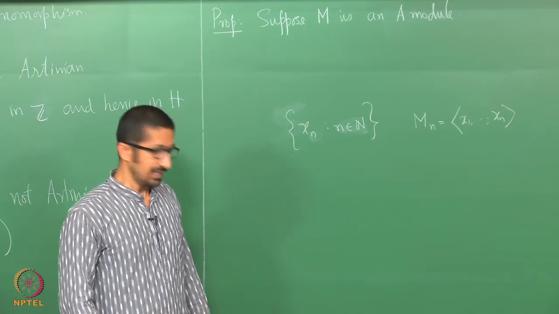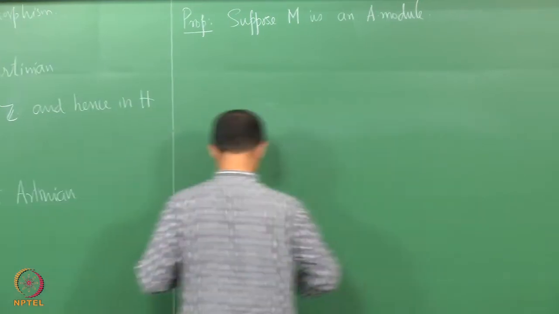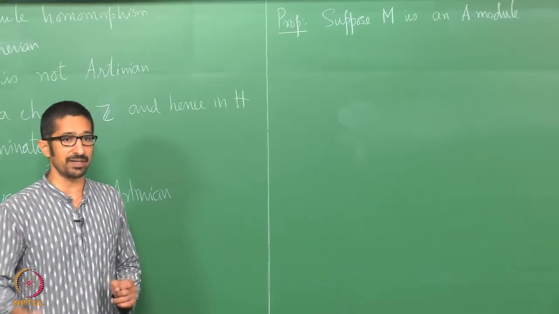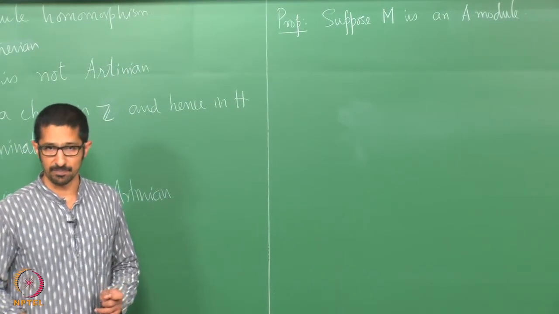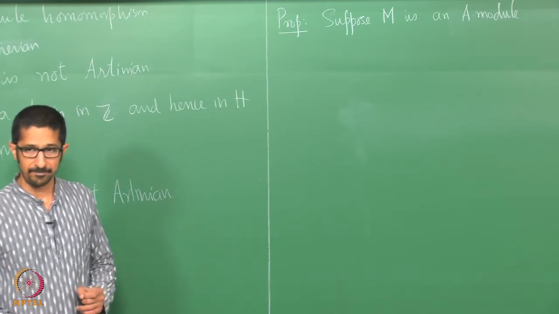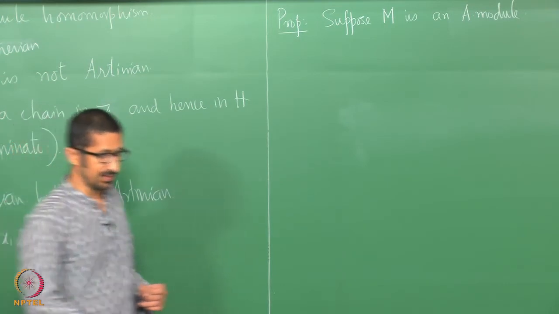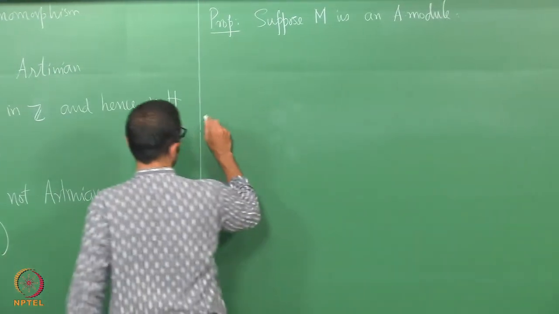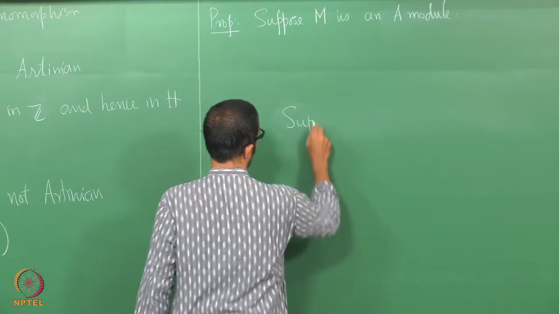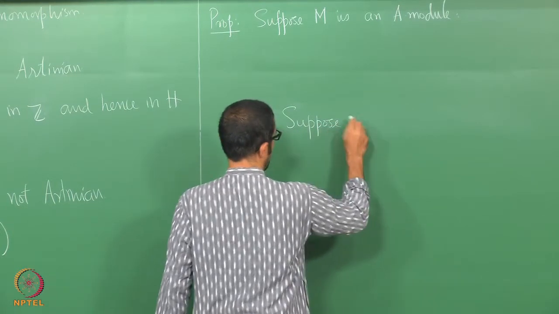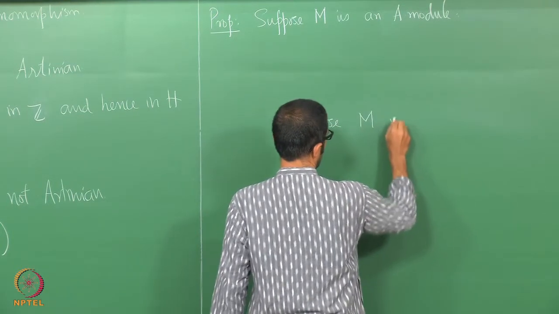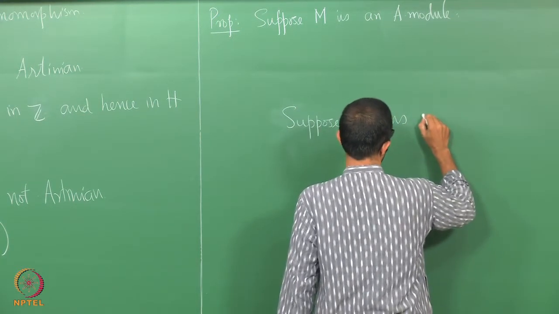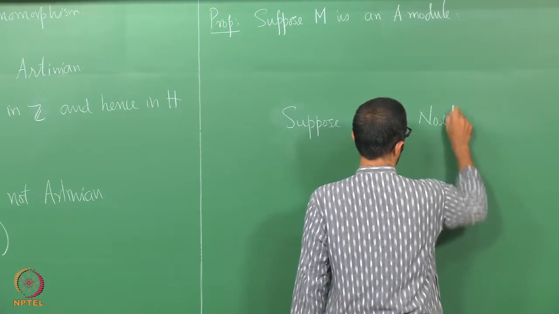Okay. Now if a module is Noetherian, can we say that it has to be a finitely generated A module? How do you say so? Suppose M is Noetherian.